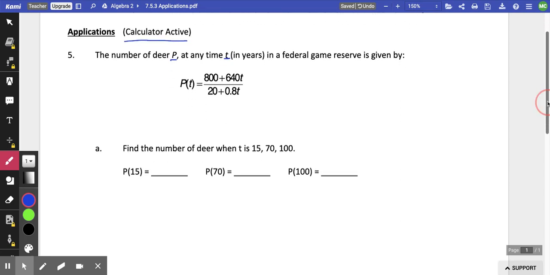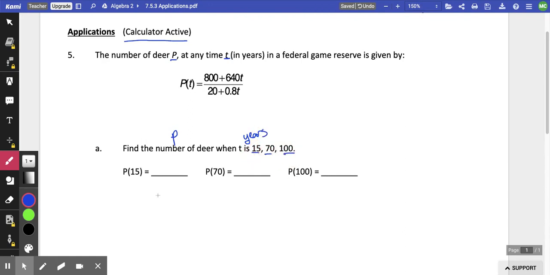So when they tell me to find the number of deer when T is 15, 70, or 100, I know that what they're saying is to find P when the number of years is 15, 70, and 100 respectively.